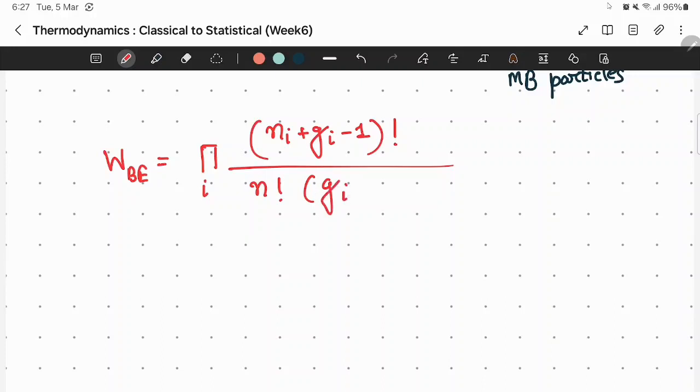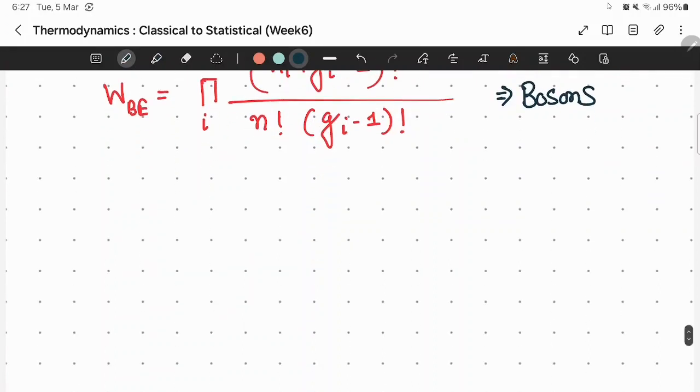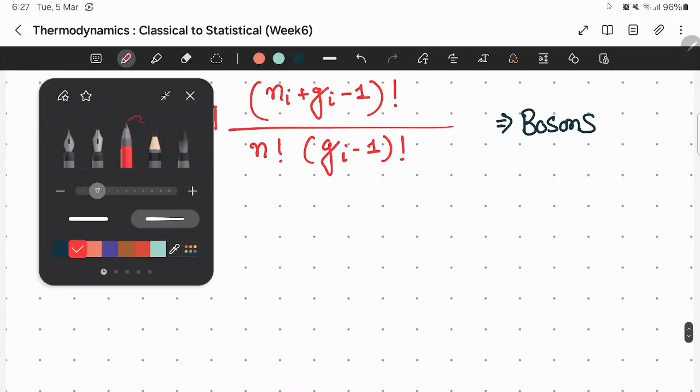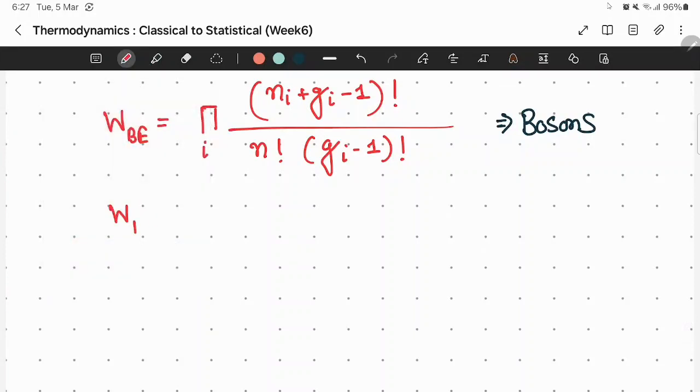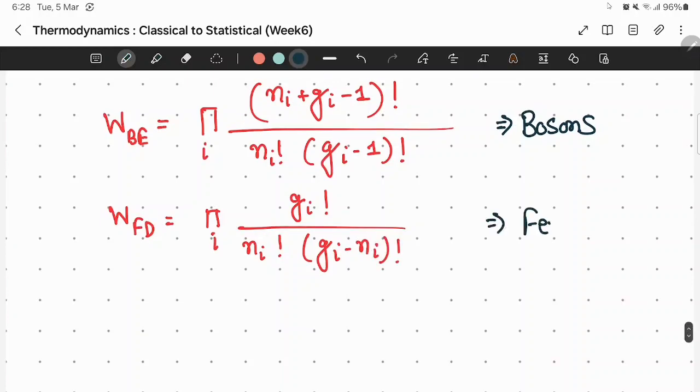Just keep in mind this is the form. This is for Bose-Einstein statistics, that means for the bosons. And for Fermi-Dirac particles, it is this, for fermions.